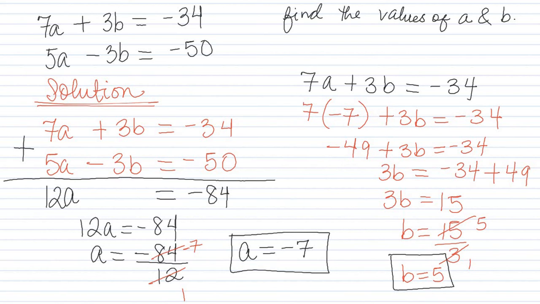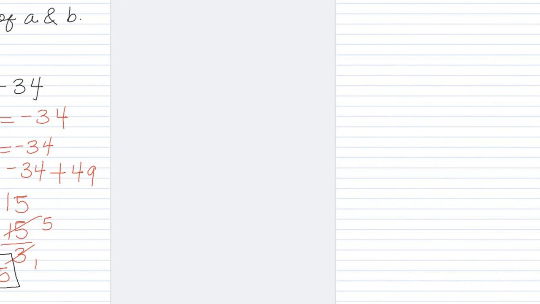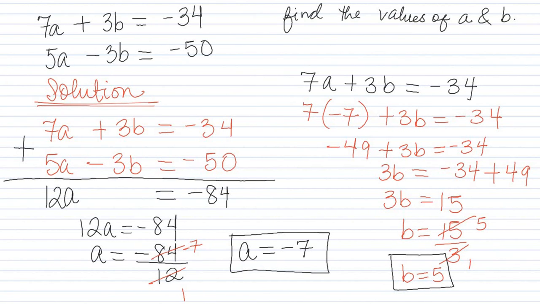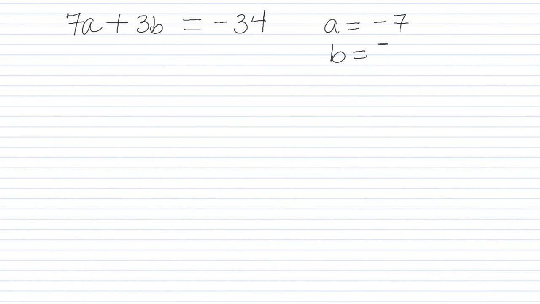Now, this is basically the answer. We can go on to see if the work is actually correct. So let's just put it back in one equation. So we have 7a plus 3b equals negative 34. We know that our value for a is negative 7 and our value for b is simply 5. So we can substitute that back into one of the equations to make sure that our answer is correct.